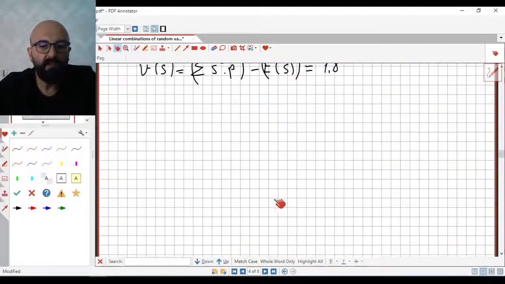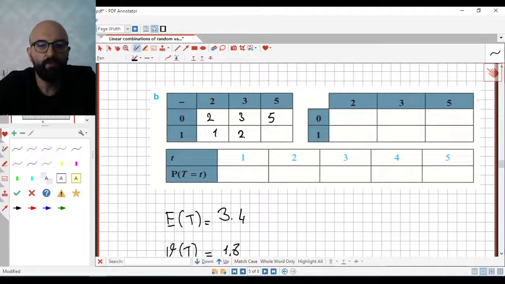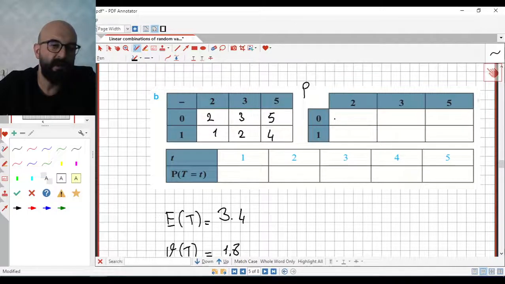Okay, now we have the table, and 2 minus 0 is 2, 3 minus 0 is 3, and 5 minus 1 is 4. And then if we want to work out the probability of x minus y, so 2 and 0.